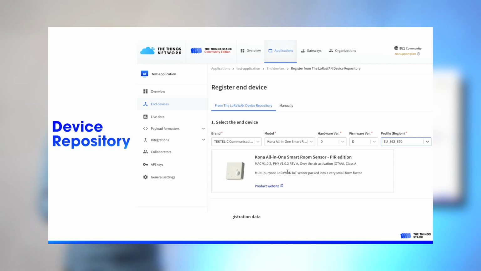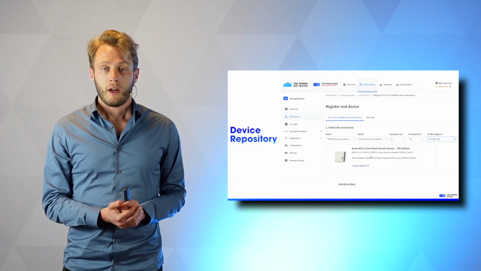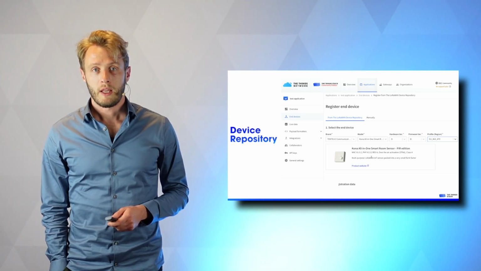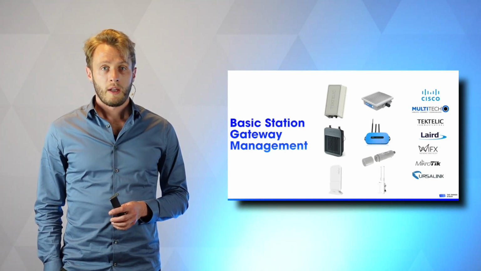You see, okay, this is my device, beautiful. It shows you here which LoRaWAN version it has, just some information, but underneath it already configures the device correctly. So you only have to configure, you know, some identification about the particular end device, and that is really unique and nice feature of the Things Stack.